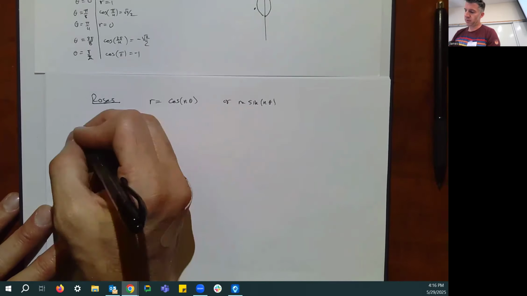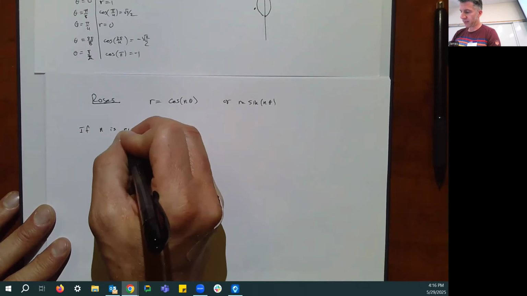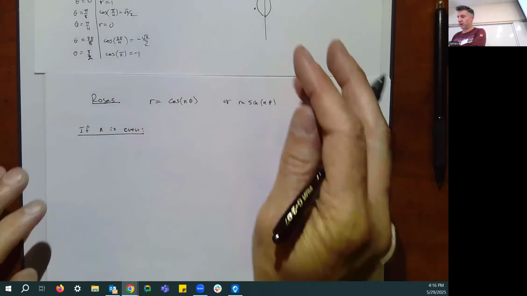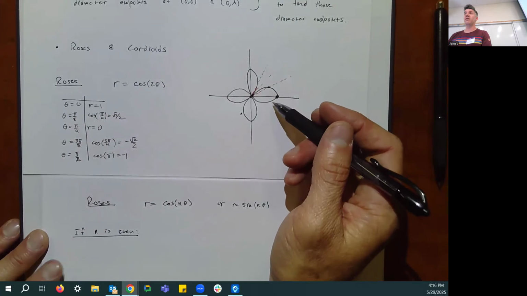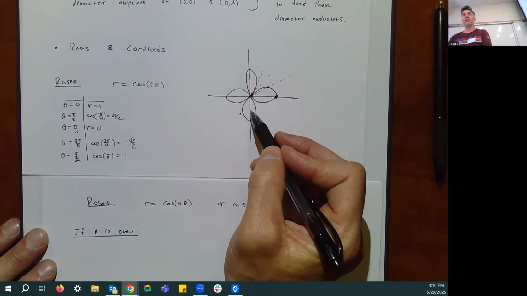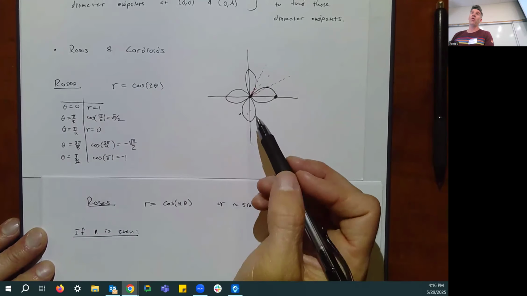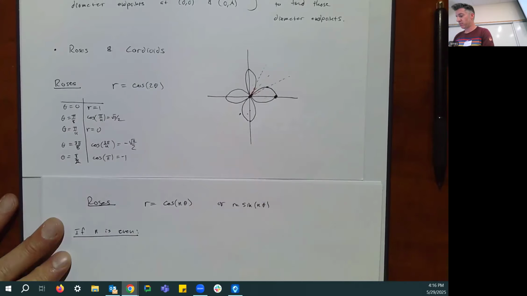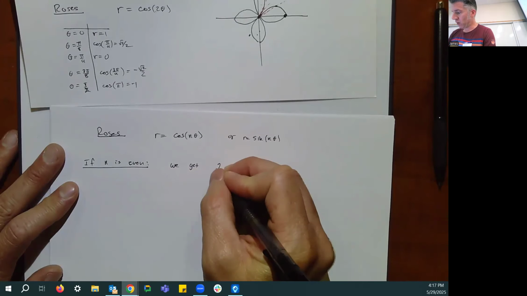So if n is even, like in this previous example where n was 2, you get twice as many petals as the value of n. So n was 2 and we got 4 petals on our rose. If n was 4, we would have gotten 8, and so on. And I'll show you in a moment. So we get 2n petals.